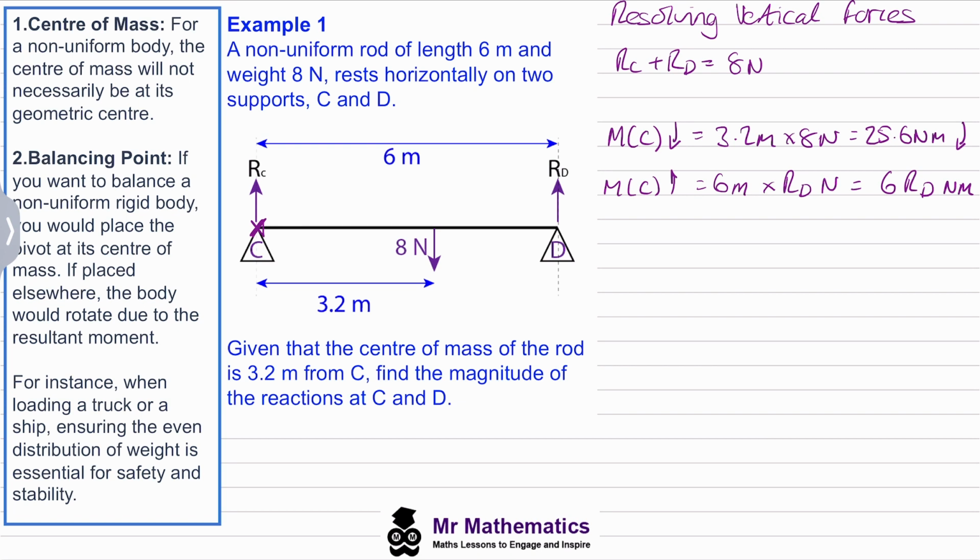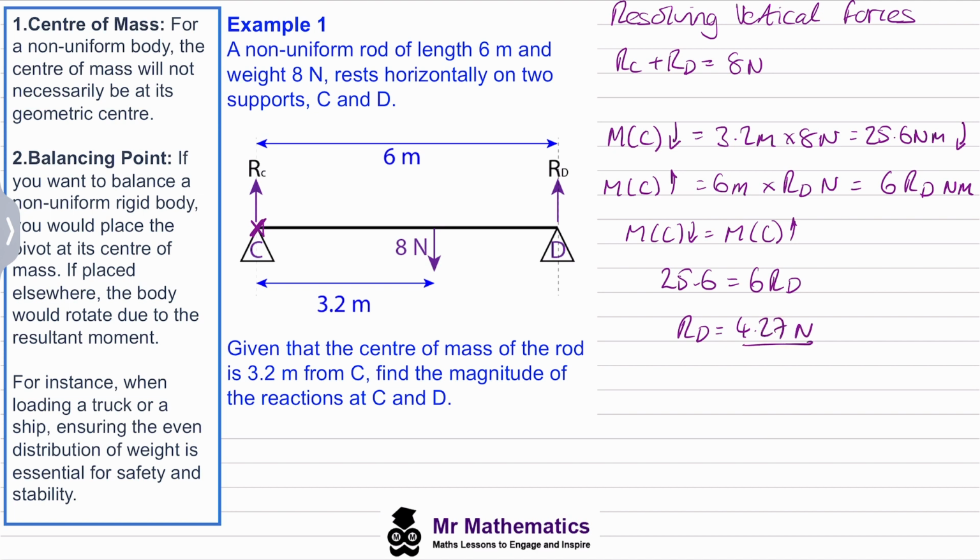Because it rests horizontally, the clockwise moment will be equal to the anti-clockwise moment. So 25.6 equals 6RD, and we can solve this by dividing both sides by 6. So RD will be approximately 4.27 newtons.